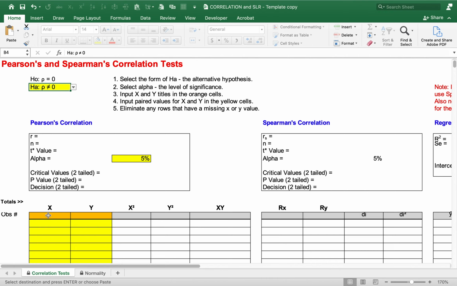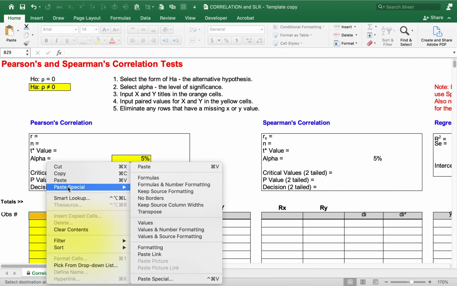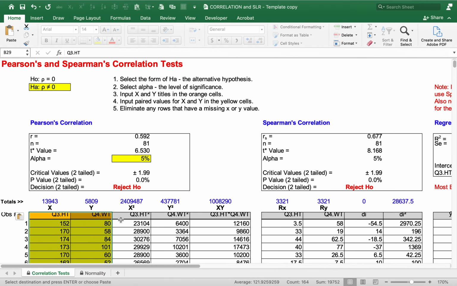All you need to do is go down here where it says the X and the Y, and because I've highlighted the titles, I'm going to click in the orange cell on the upper left, right click, do a paste special, and put in values.